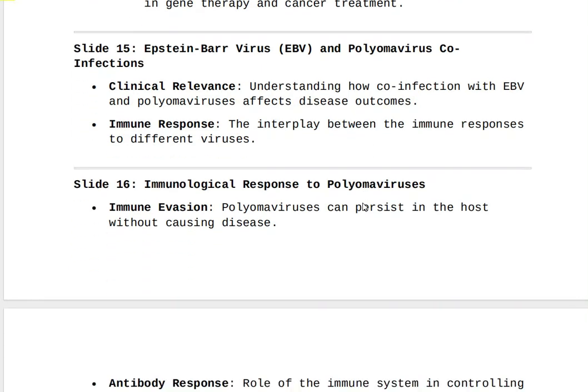Epstein-Barr virus and polyoma virus. We have mentioned Epstein-Barr in previous presentations. We should try to understand how co-infection with EBV and polyoma virus can affect the disease outcome. Will it become more severe or will it be lesser?